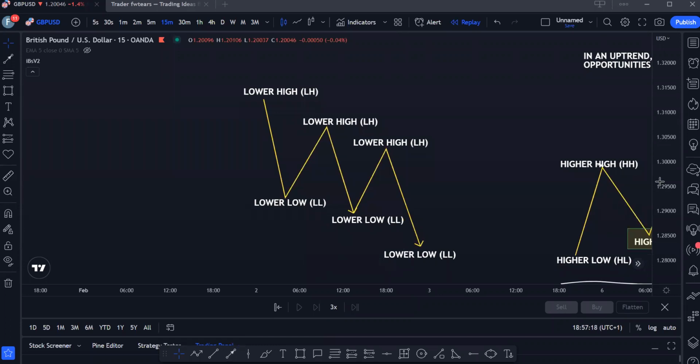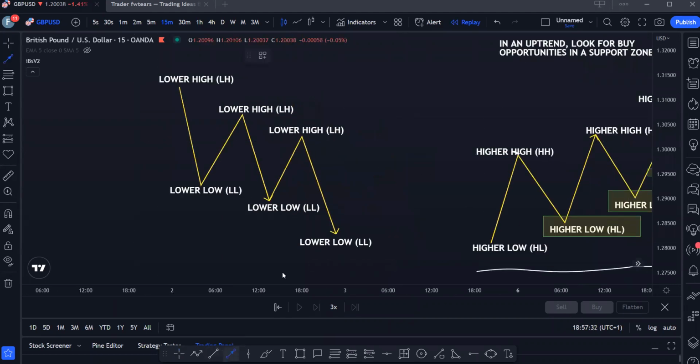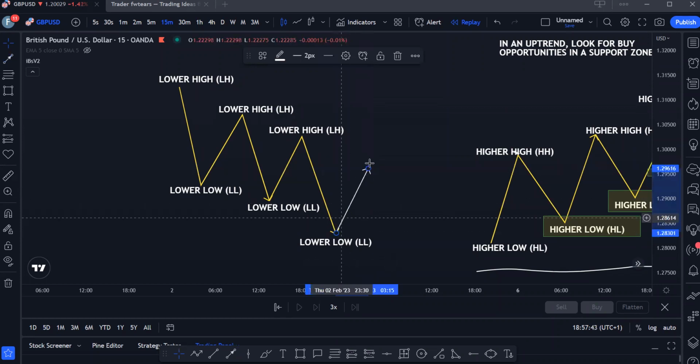And in a downtrend, what is your resolve? Your resolve is to look for sell opportunities. So you have to wait. You want to wait for price to correct itself. More times than often, there will always be a correction.